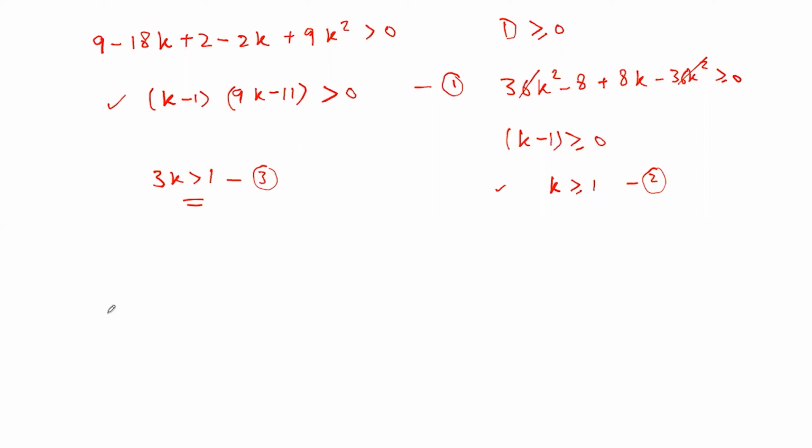So see, first, greater than 0, so 1 and 11 by 9. These are the points. Less than 1, greater than 11 by 9. From second, I'm getting greater than or equal to 1. So these are the points.